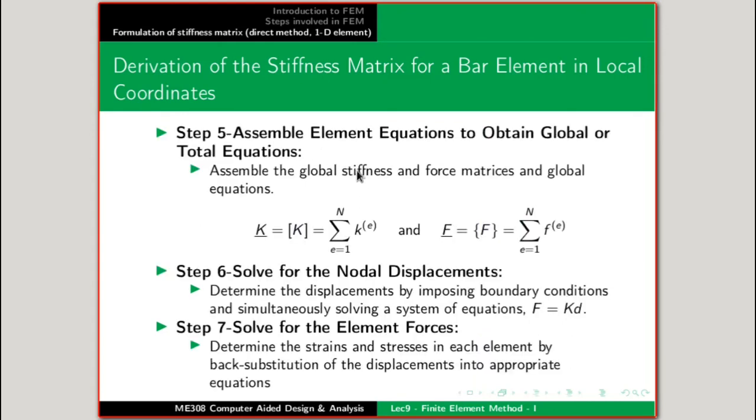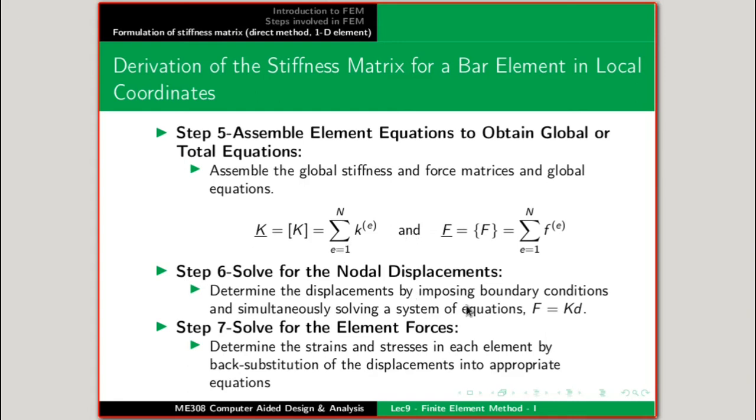Step 5 is assembling the element equations to obtain the global or total equation. K e represents the element stiffness matrix. The element stiffness matrices will be assembled to form a global stiffness matrix for the entire problem. We have derived a stiffness matrix for a single element, however, to solve the entire problem we have to assemble all those elements to form a global stiffness matrix or global equations.